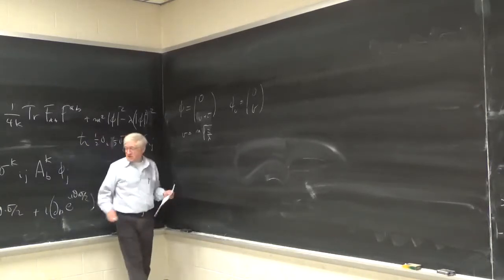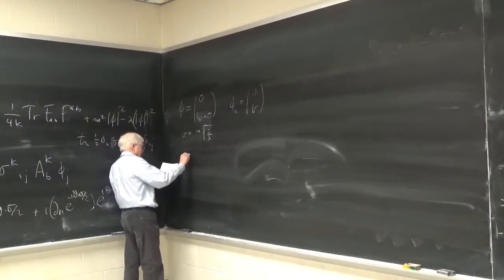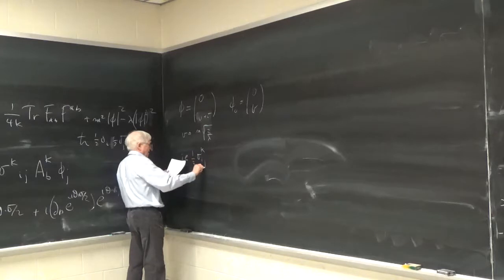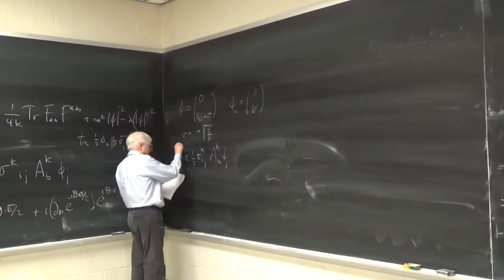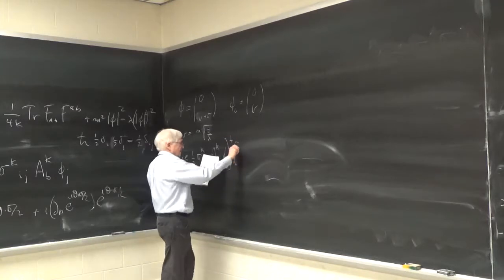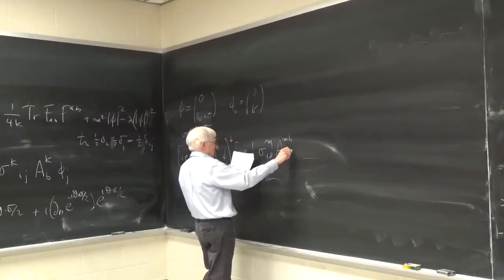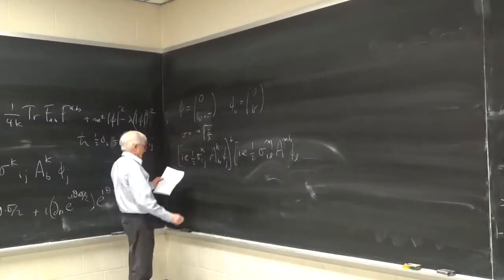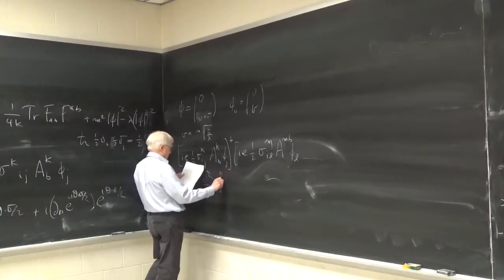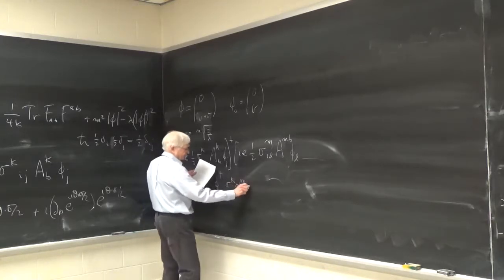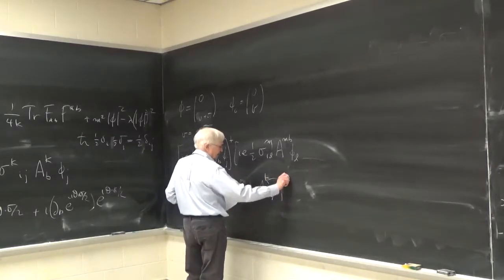So the kinetic action that gives rise to the masses of the gauge fields is then i e ½ sigma^k_ij A_B^k phi_j, dagger, times i e ½ sigma^m_il A_M^B phi_l, and in matrix notation that's e squared over 4 phi_0 dagger sigma^k sigma^m phi_0 A_B^k A_M^B.